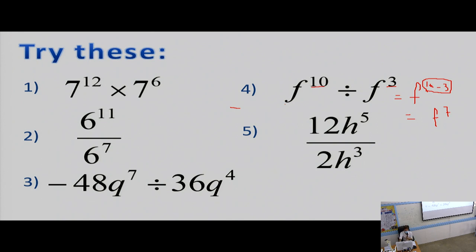Next, number 5. 12h to the power of 5 over 2h to the power of 3. What would be the answer? Who wants to volunteer? 12h to the power of 5 over 2h to the power of 3, that is equal to 6 to the power of 2.